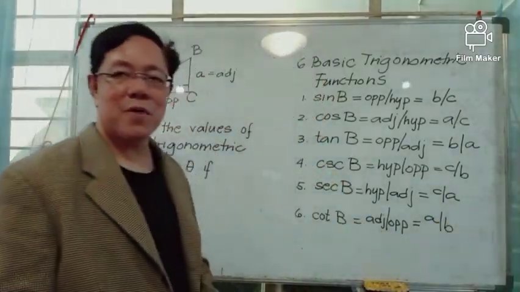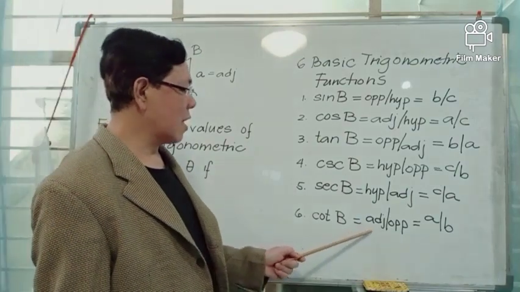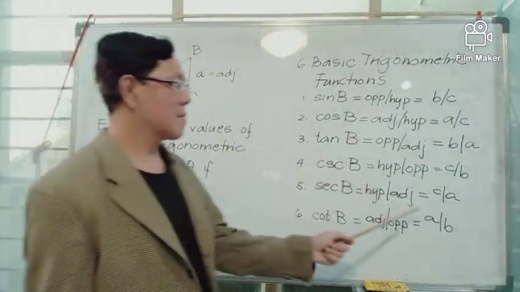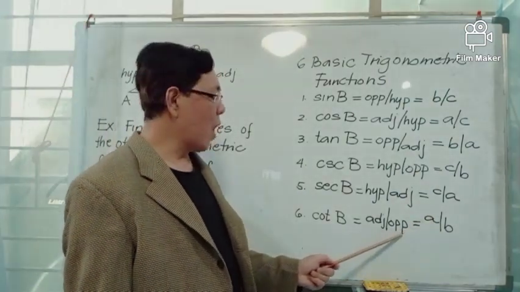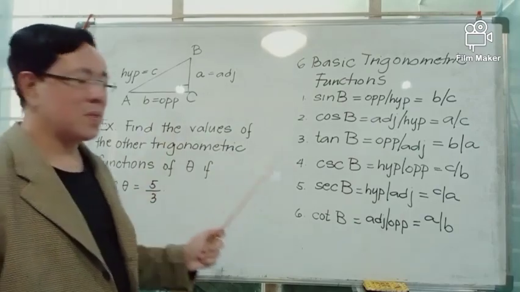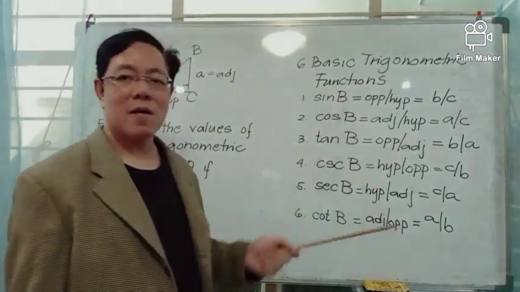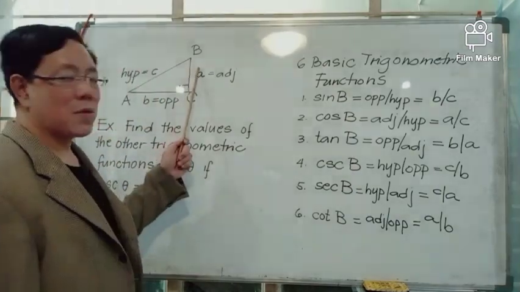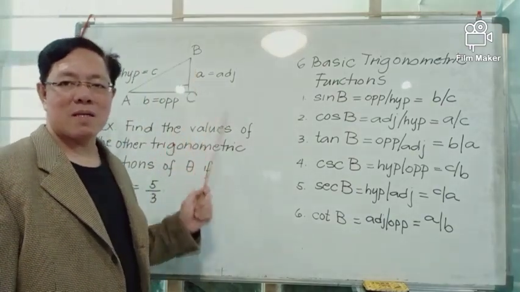And you can check from our diagram, the side adjacent to acute angle B is a, and the side opposite the acute angle B is small b. These are the 6 trigonometric functions of the second acute angle B of this right triangle.